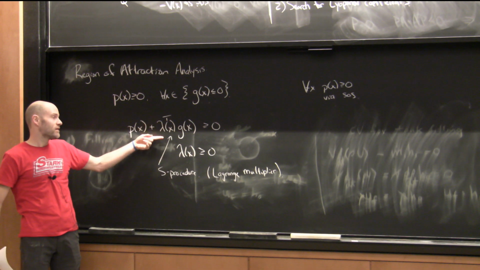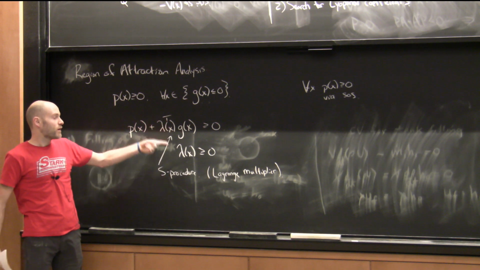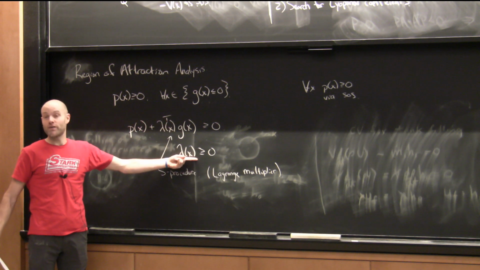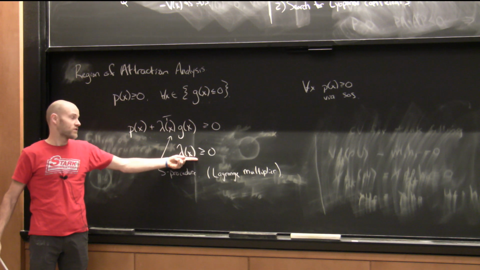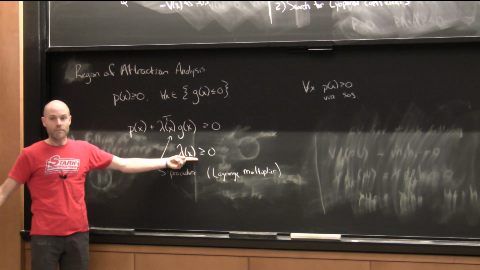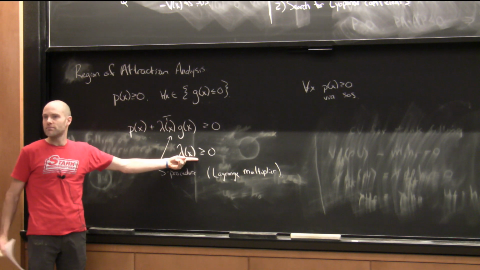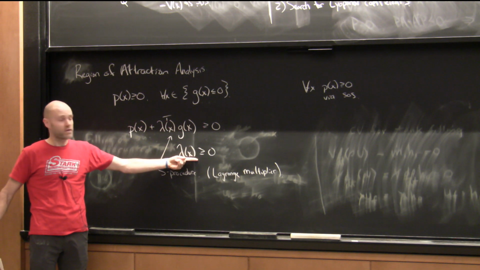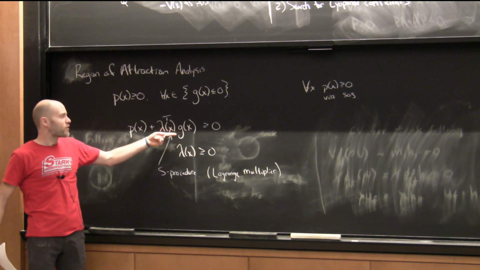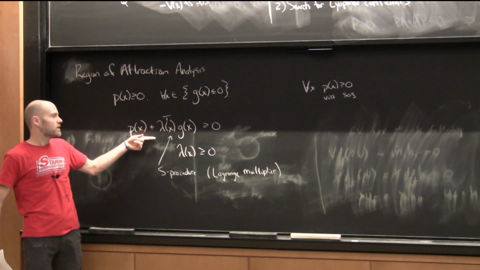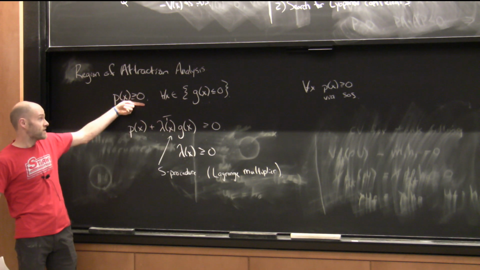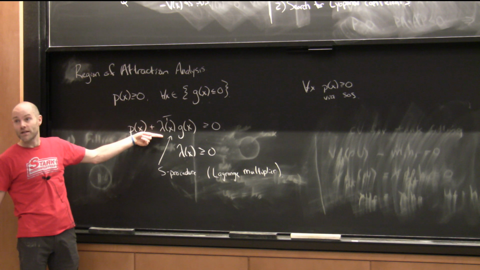It's possible that, well, let me be a little careful, but if you pick a finite parameterization of this lambda, right? So if you pick this to be lambda up to some degree, for all polynomials up to degree 4, for instance, then for that finite parameterization, there's no guarantee that if this holds, I can find a certificate like this.